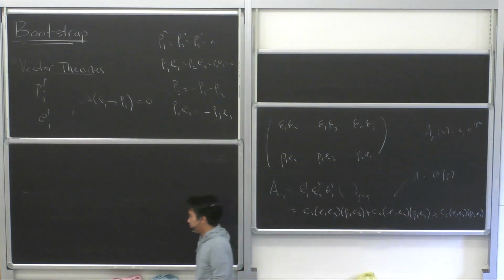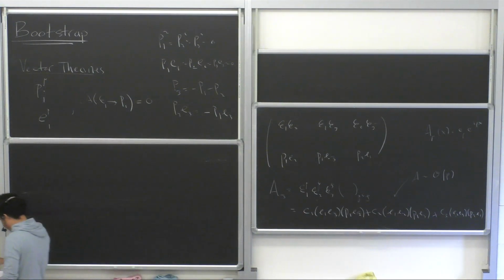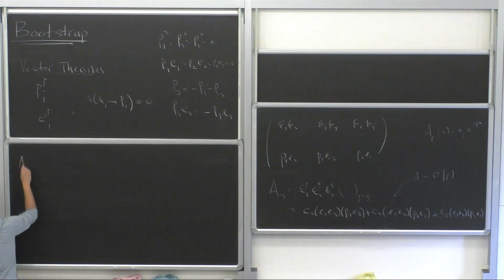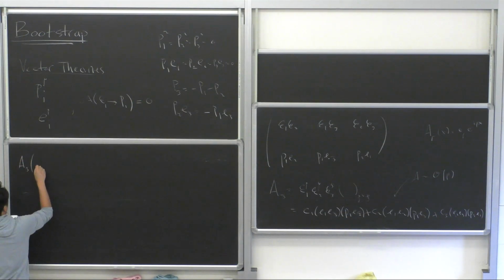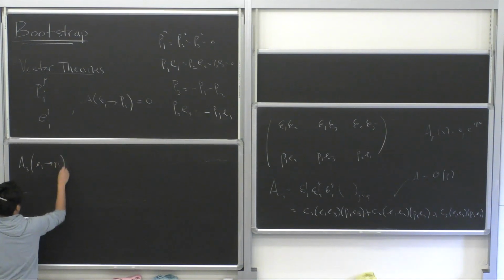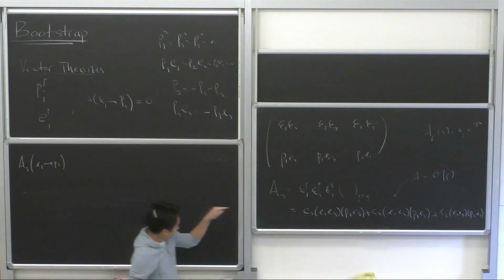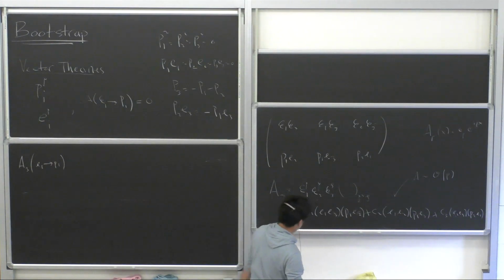Now, what did we fix? We imposed the Ward identity, which I just said, but let me show you for one example what that is. Take E1 and send it to P1, just plug P1 into this expression, and you get lots of terms. What do you get?